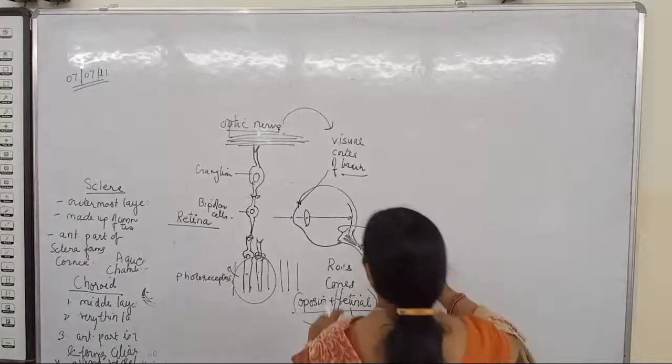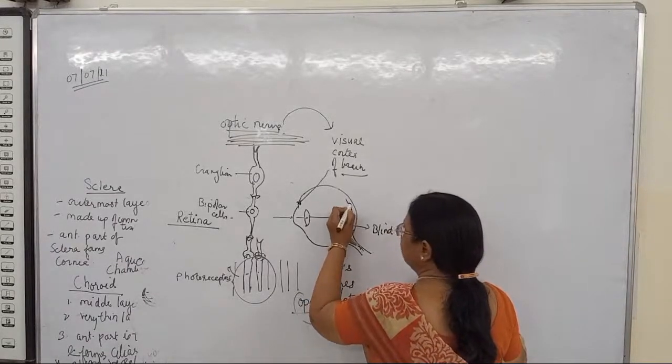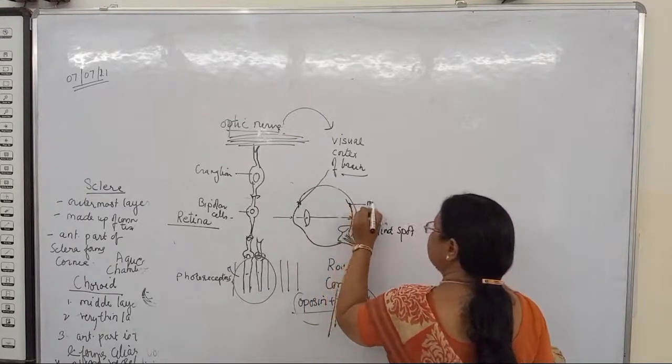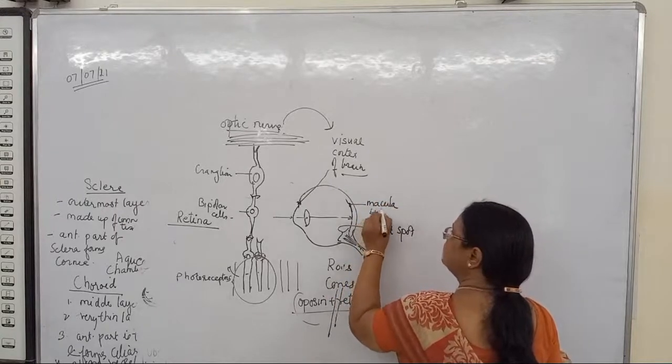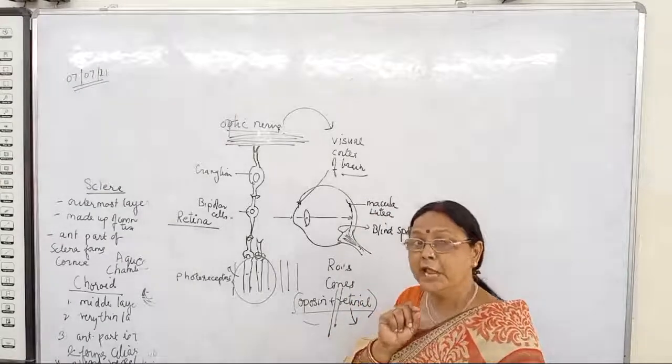And somewhere here, there is a pit, a pigmented structure which is called the macula lutea. Lutea means yellow color.